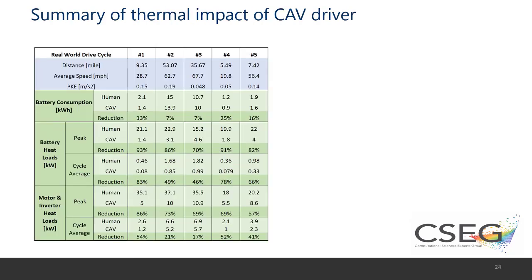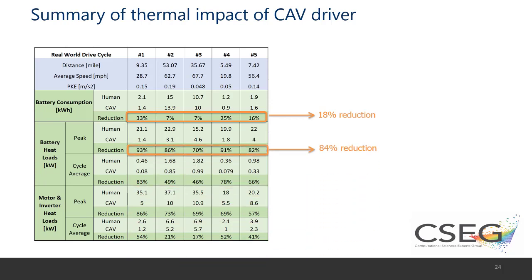So to summarize the thermal impact of autonomous and connected driving, we find that the battery power consumption comes down by about 18%, with highway being about a 7% drop in power consumption, and city driving anywhere between 16 to 33% drop in battery power consumption.